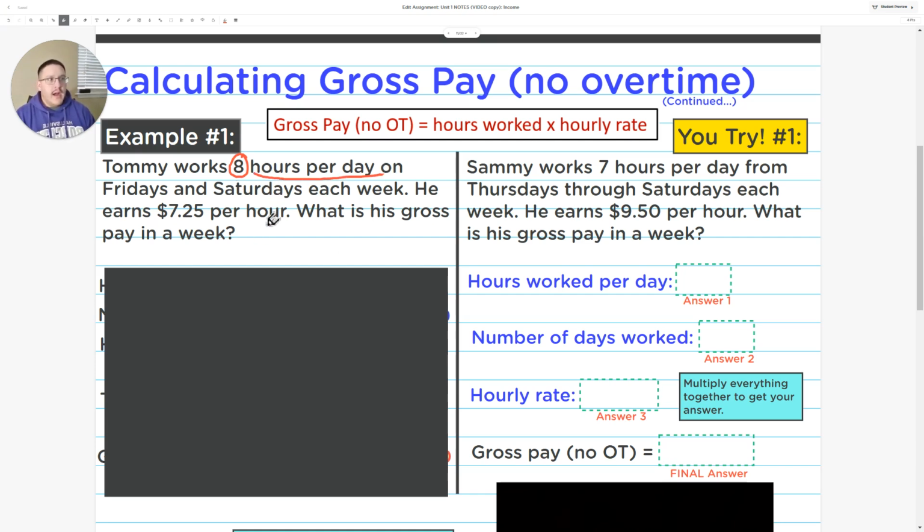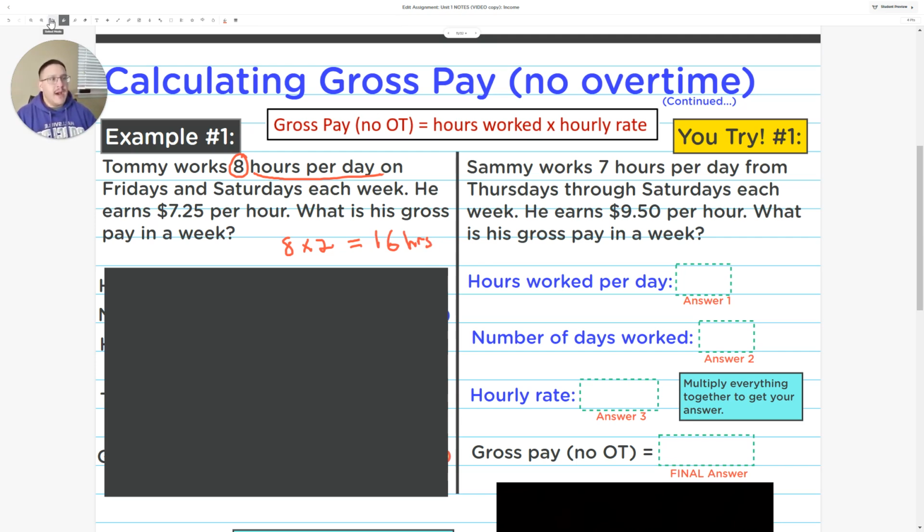And then we know later on that Tommy only works Fridays and Saturdays. So how many total hours did he work for that week? Well, we just take 8, multiply by 2, and we have 16 total hours that he works each week.